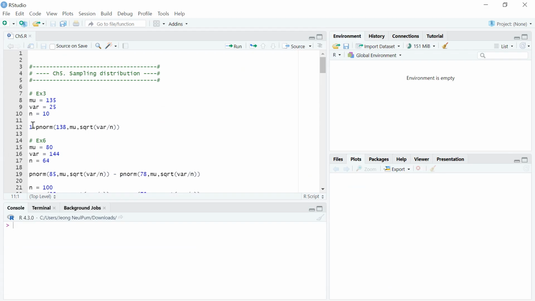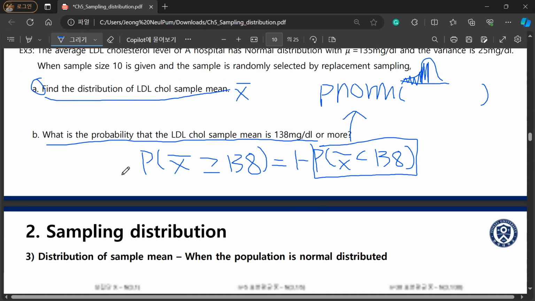You can see that I set nothing as the tail option. So I just calculate the probability by deducting the result of pnorm from 1, which is after storing the value, 0.02. That's it.